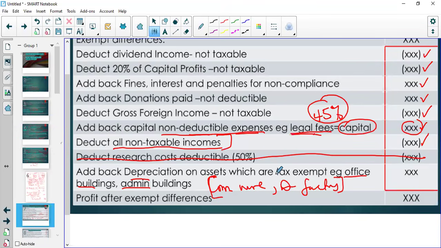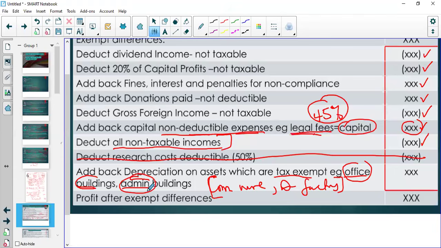that these are exempt. So sometimes it happens that the examiners, whether deliberately, I'm not sure, overlook that. They may not mention the tax treatment of office buildings. They may not mention the tax treatment of administration buildings.